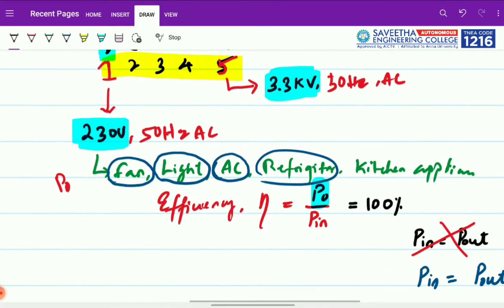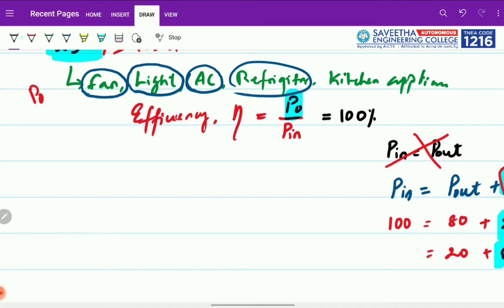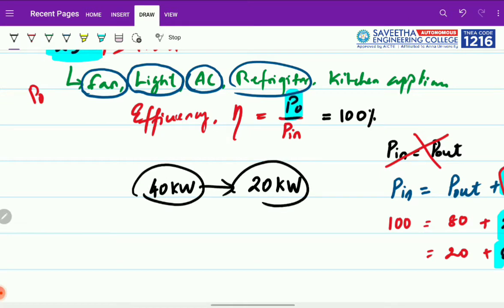Suppose my load requirement at the feeder is about 20 kilowatts of power at the output. If my losses are high, say about 50 percent, I should be able to generate almost 40 kilowatts in order to supply the 20 kilowatts, because my losses are high.